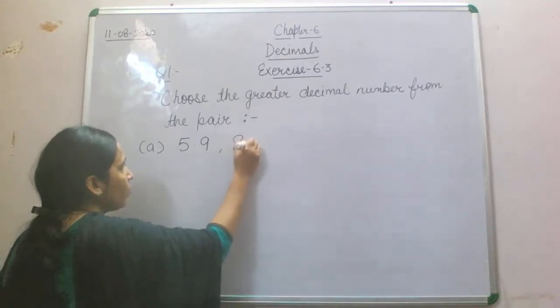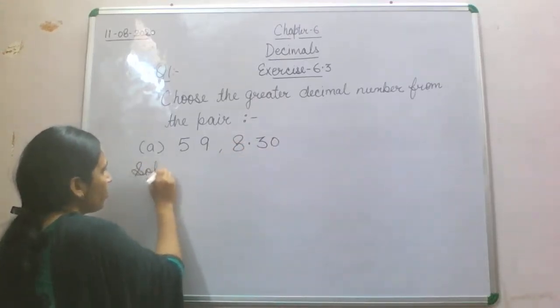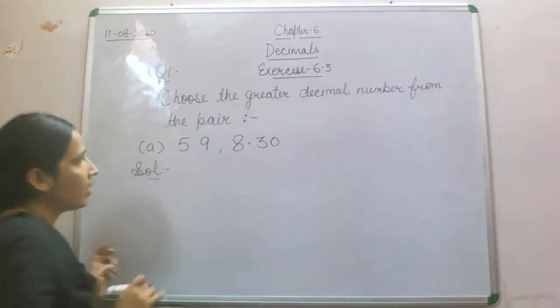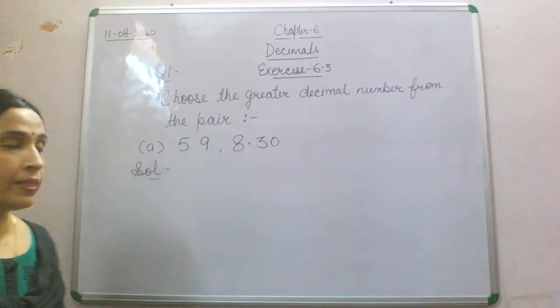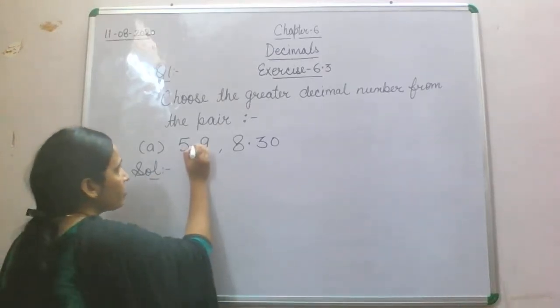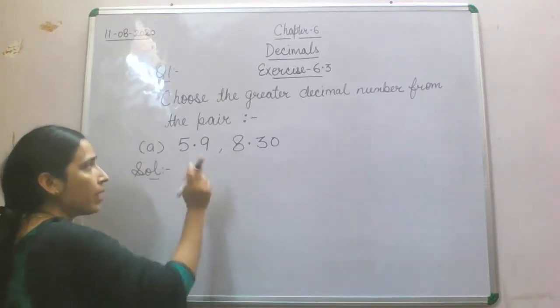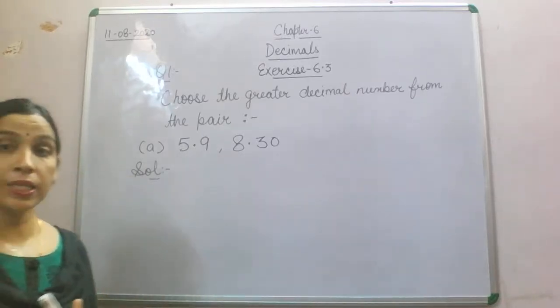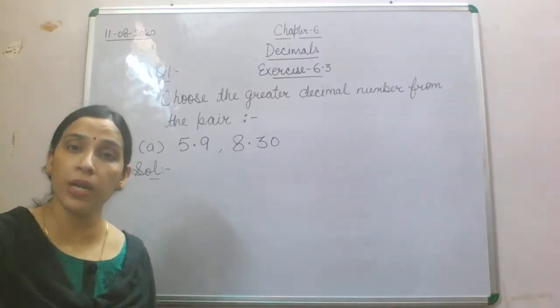and 8.30. So what will we do in the solution? Now you have been given these numbers 5.9 and 8.30. As you can see, you can compare the whole number part. See children, the first concept is you are going to see the whole number part.